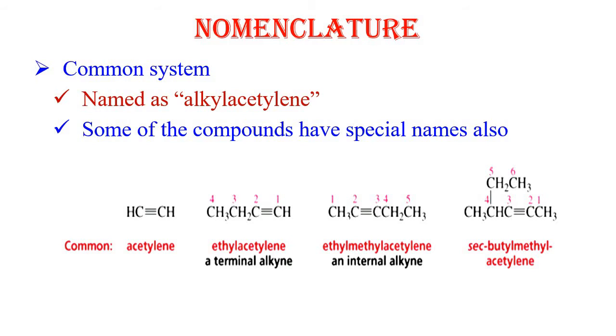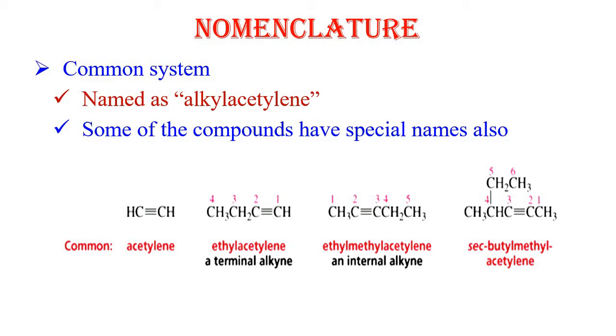Now, nomenclature of alkynes. In the common system, alkynes are named as alkyl acetylene. Some of the compounds have special names. This is the simplest alkyne, known as acetylene. This second compound, which contains 4 carbons, is named as a derivative of acetylene.